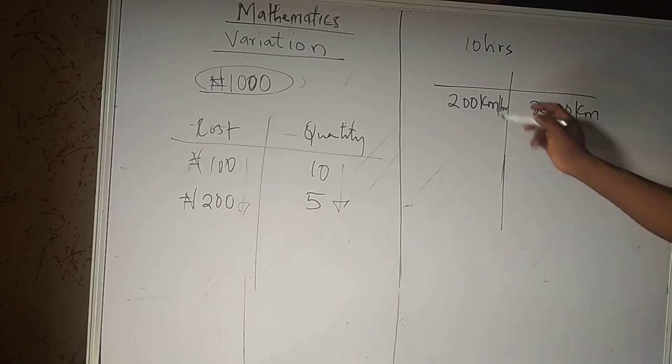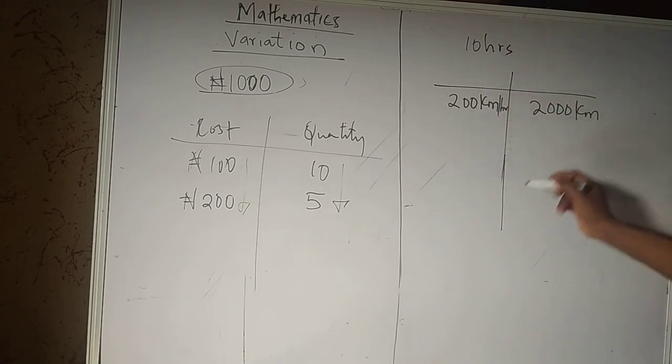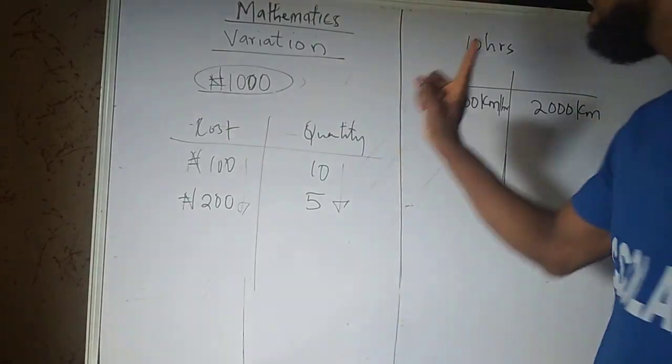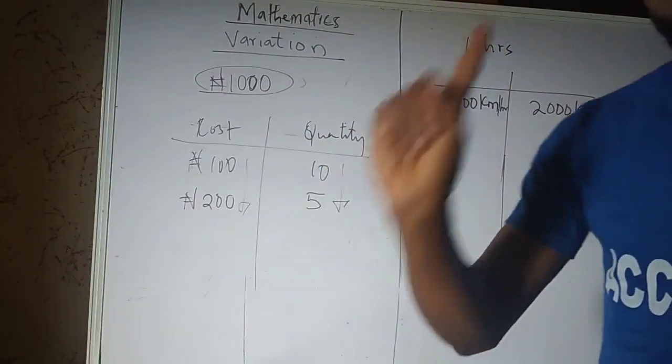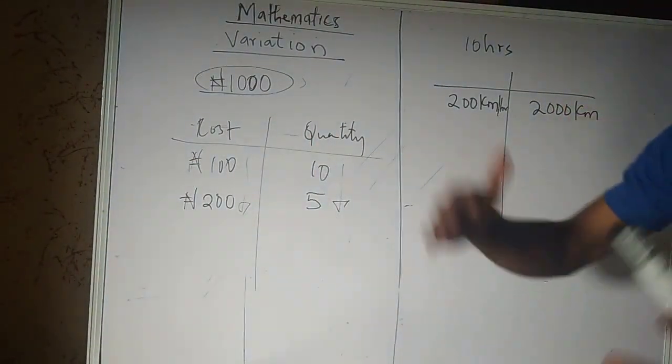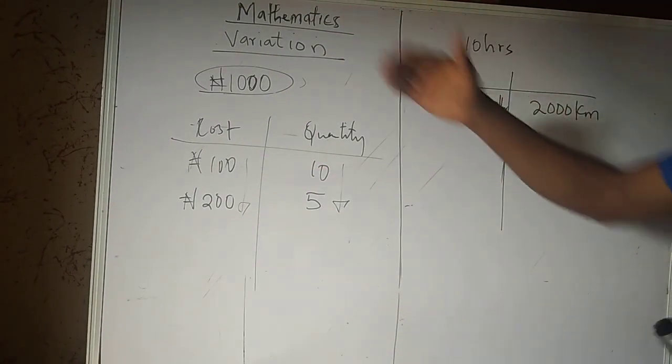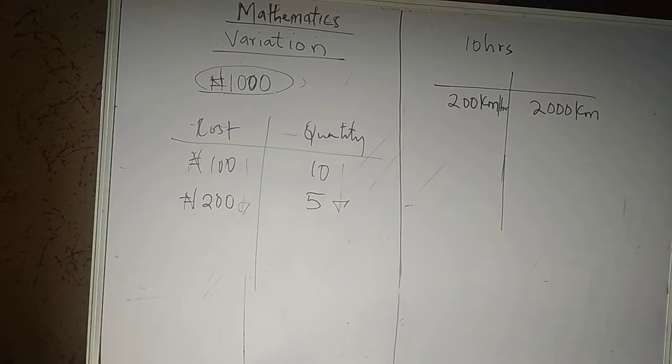You have 10 hours, so I just did 200 times 10, because you're running 200 kilometers in 1 hour. Now for the whole of 10 hours, you're going to have run 200 times 10. That becomes 2000 kilometers.